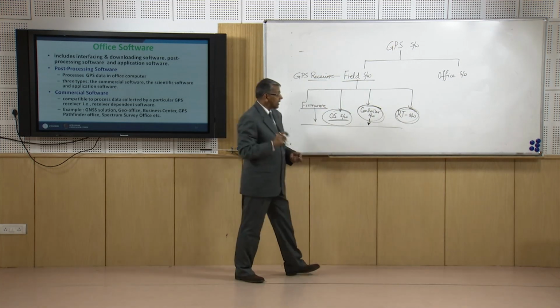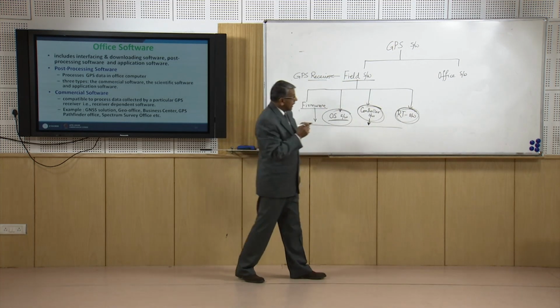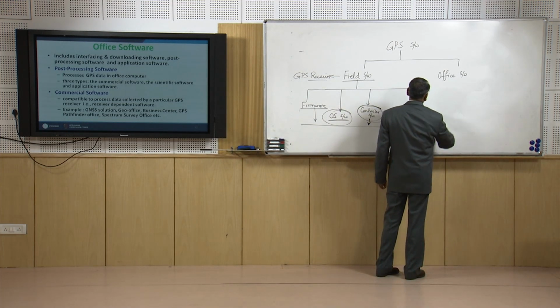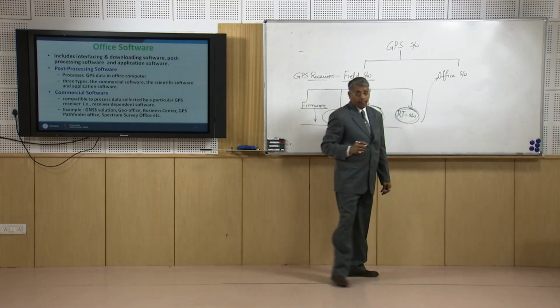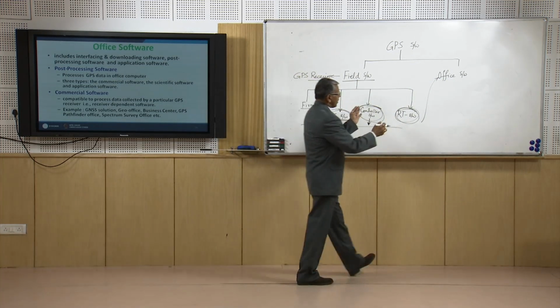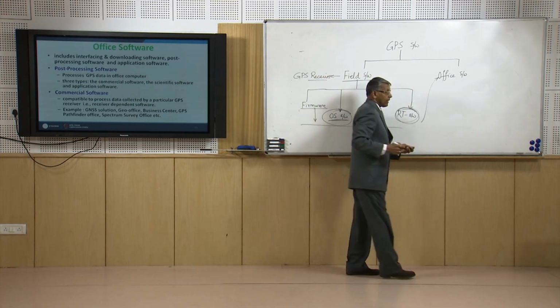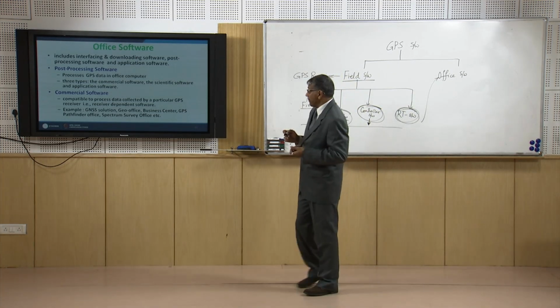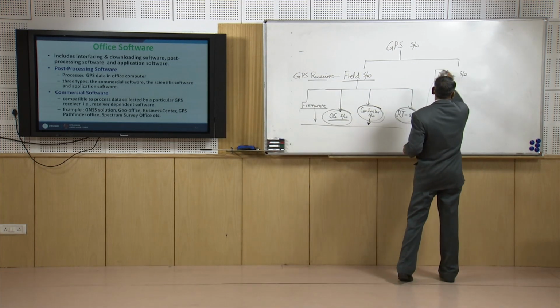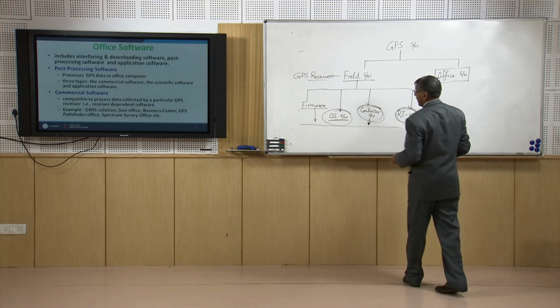Now once data has been collected, the data generally gets transferred to office software. So there will be some input output module between these, and then the data will be processed using the office software.